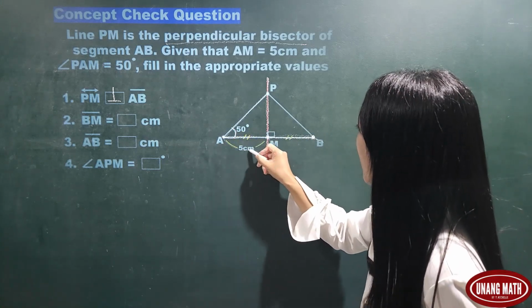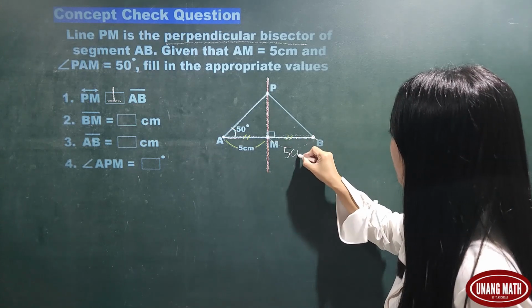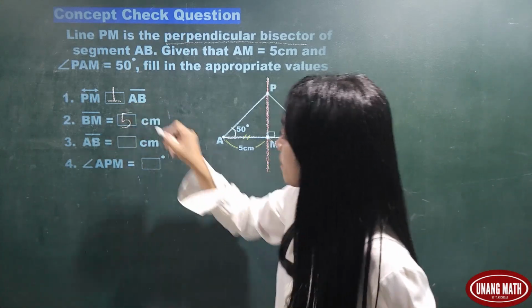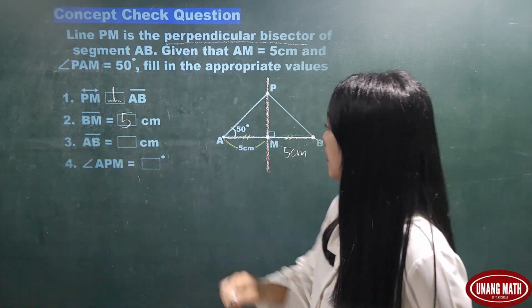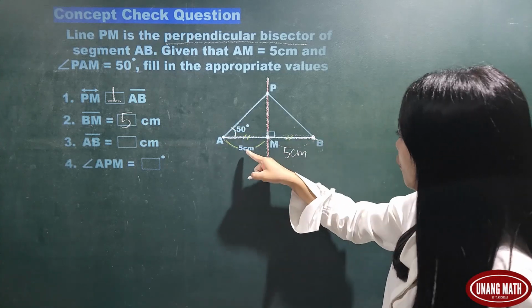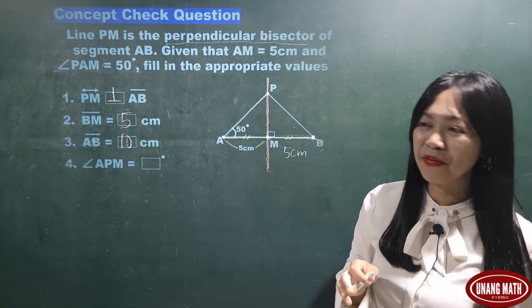So if this is 5 centimeters, that means this is also 5 centimeters. So segment BM is 5 centimeters. What about segment AB? So this line. 5 plus 5, this is equal to 10 centimeters.